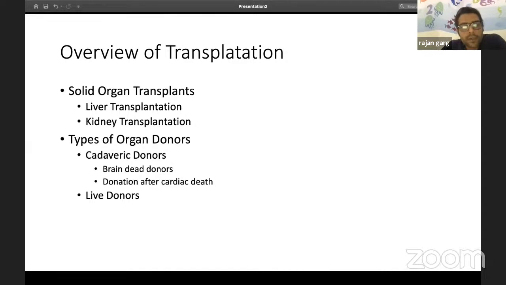Then there are only some simple things which can happen, like wound infection, or sometimes they have to follow up with the liver enzymes for maybe 1 or 2 months. That is all the donors go through. So donating a liver is not a risky thing.